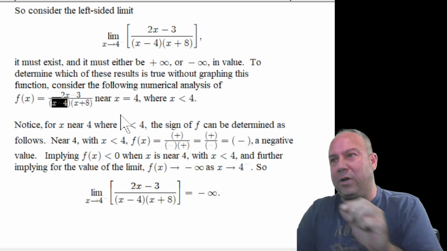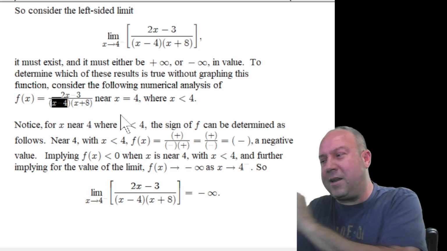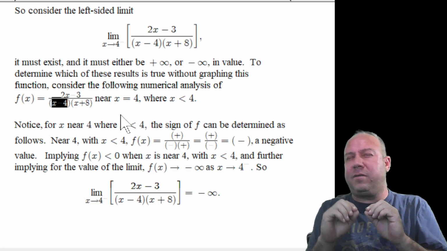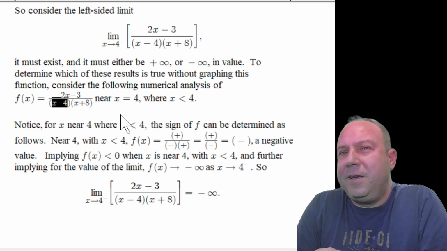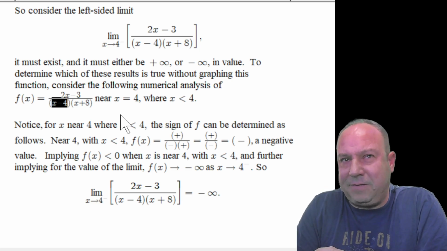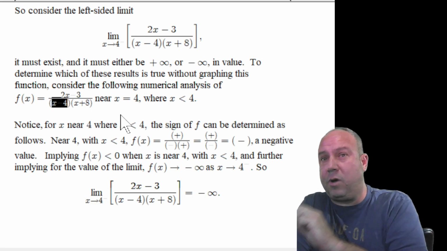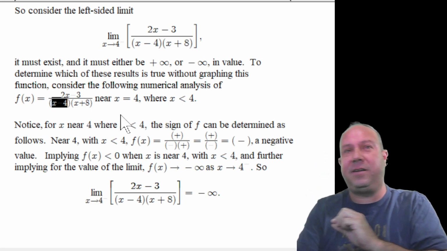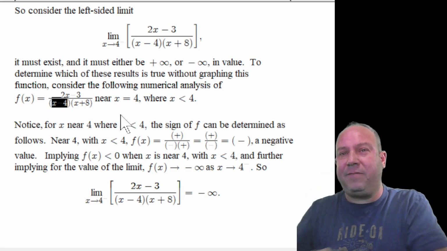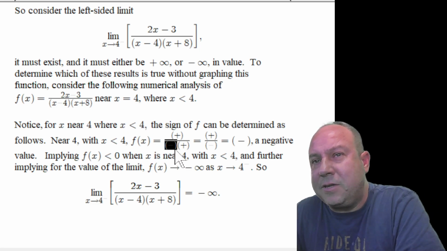If I'm like 3.9 or 3.99 or 3.9999, just a little smaller than 4, and I take away 4, I'm going to be negative in my result. I'm going to be negative 0.1 or negative 0.01 or negative 0.0001, right? So this first factor is going to be negative.